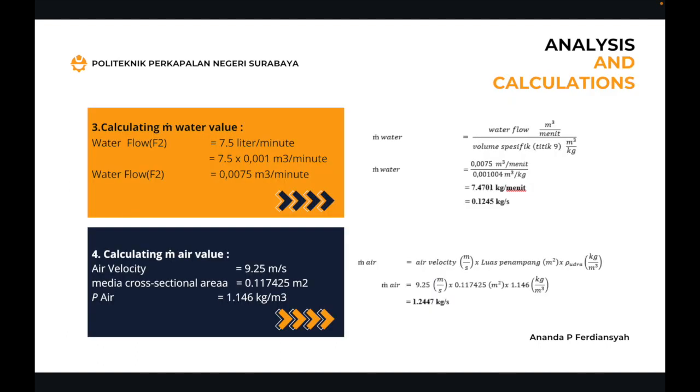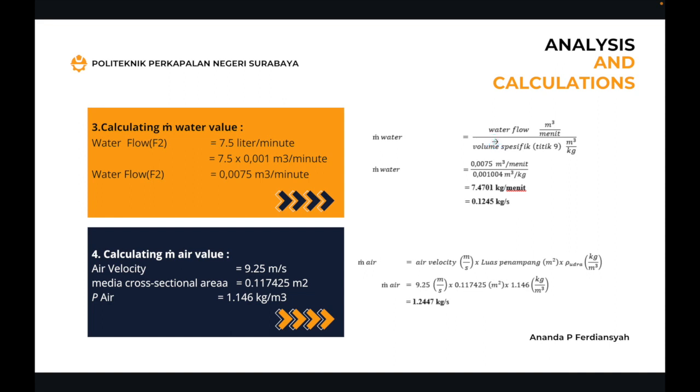Let's move to calculating the m-dot water value. Water flow, we know that water flow is, by changing the unit from liter to m3, 0.0075 cubic meter per minute.